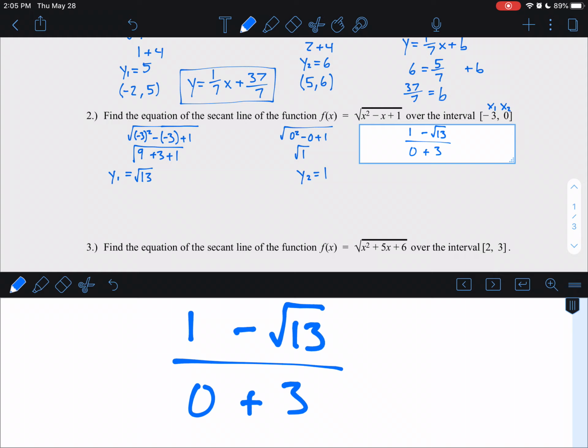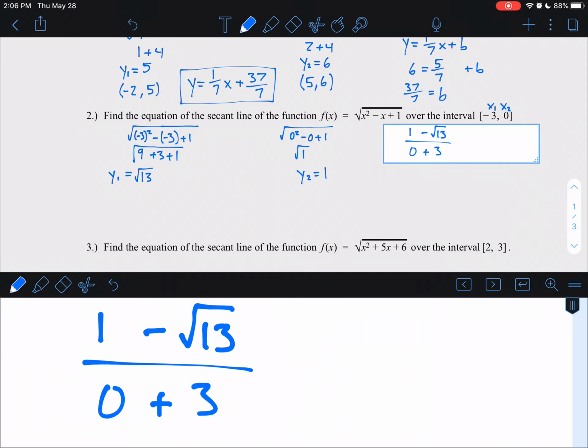So I have 1 minus the square root of 13 over 3. I'm going to type that on my calculator. 1 minus the square root of 13 is negative 2.606. Then I divide that by 3, because 0 plus 3 is just 3, and I get negative 0.869. We'll round that to 3 decimal places.